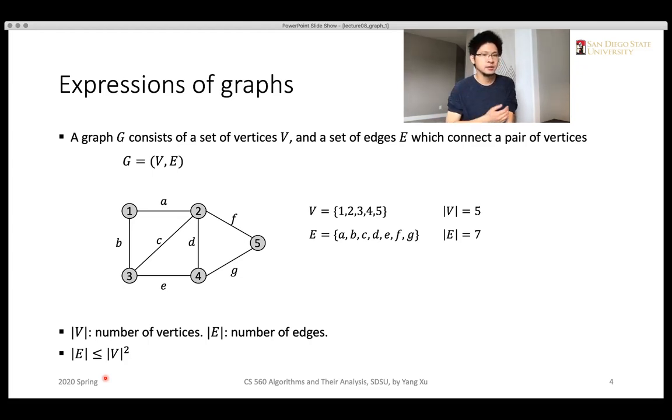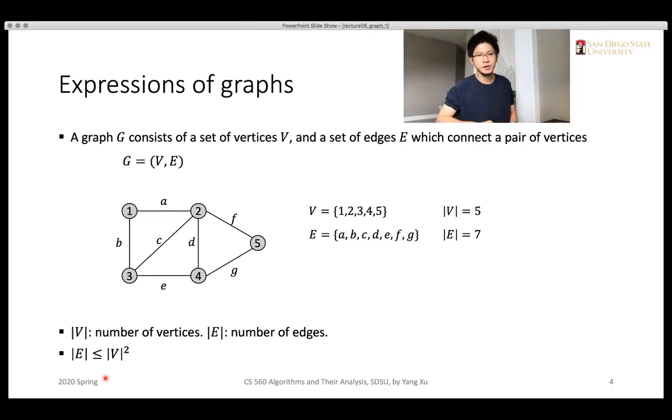If you think about it this way, if you take any two vertices from the graph and they are connected, there's an edge in it, then the total number of possible edges is V times V, including the case where the vertex is connecting to itself.